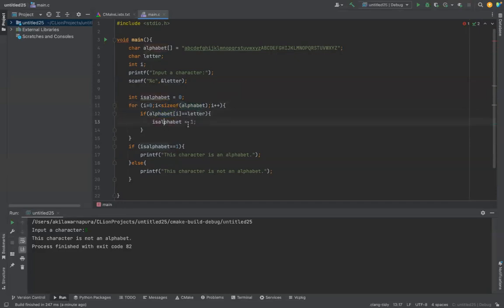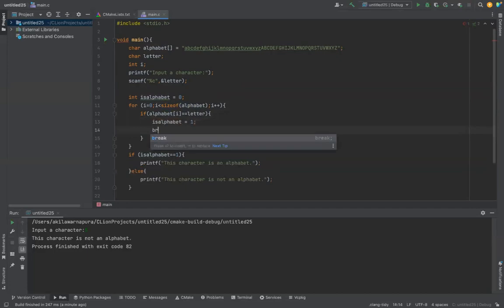Then if alphabet is 1, it's better you put a break. That means if it is equal, it is not required to go further, no? Then you can break. Otherwise it also works, but the break is not required. Let's say the character is D, then you can provide if D is equal, break.